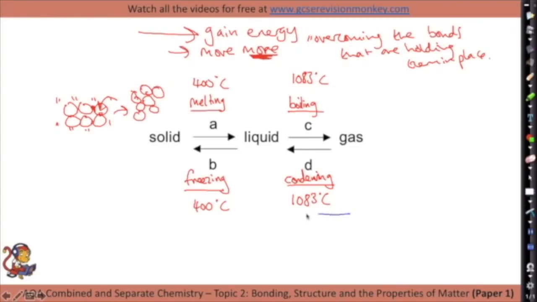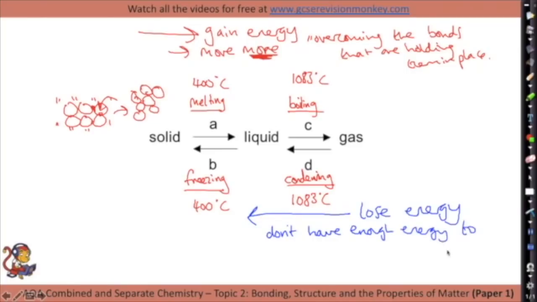If a substance is being cooled down, it is going to be losing energy to the surroundings, and therefore they don't have enough energy this time to overcome the forces of attraction.